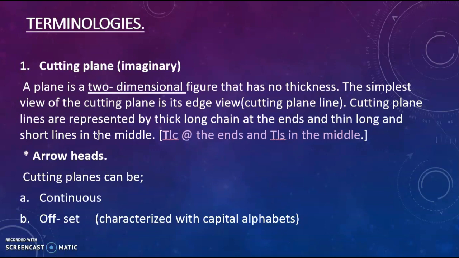It is represented by a thick long chain at its ends and thin long and short lines in the middle. I gave a simple form for it so that it will help you remember it: TLC at the ends and TLS in the middle, meaning thick long chain at the ends and thin long short lines in the middle.